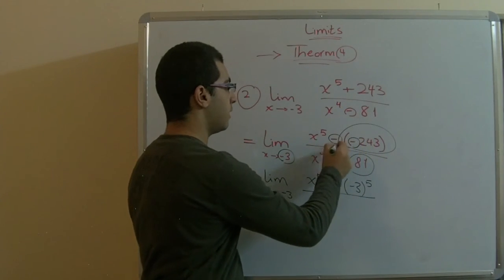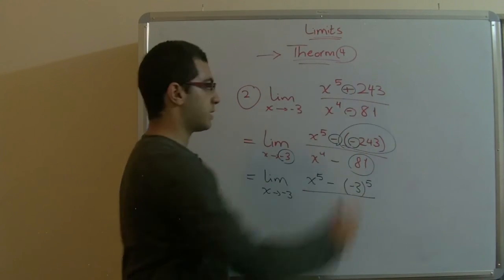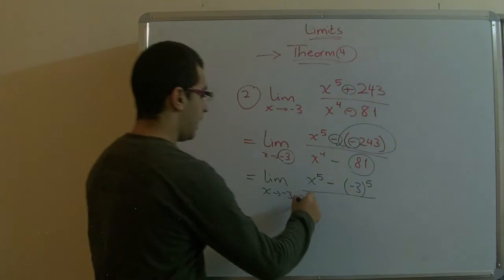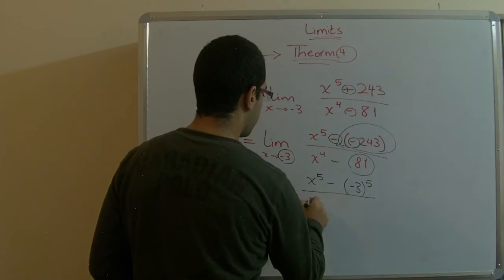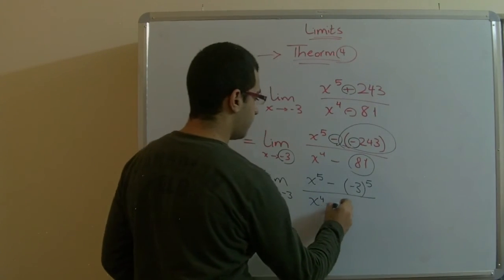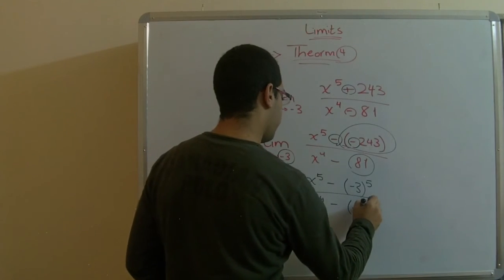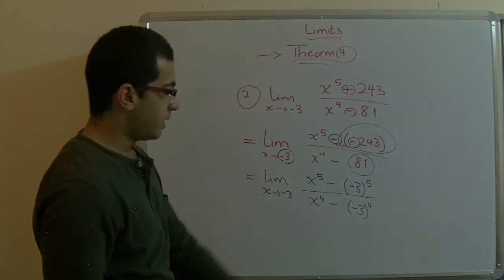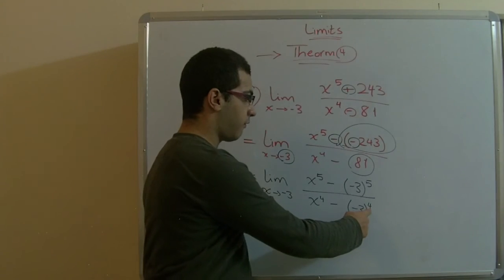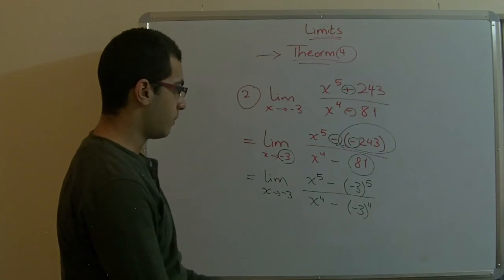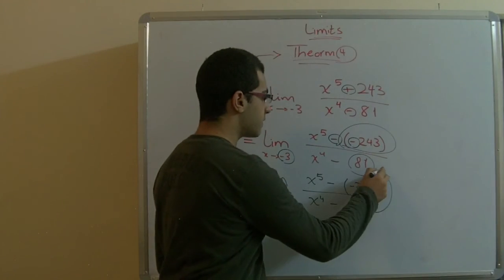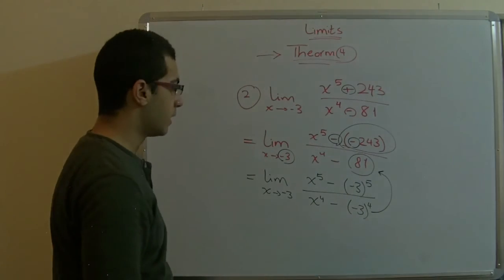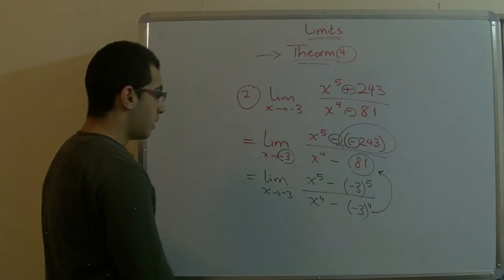With two negatives here, we will have a positive. And at the bottom, we have x to the power 4 minus negative 3 to the power 4, because negative 3 with an exponent of 4, which is of course an even number, gives us a positive value of 81.